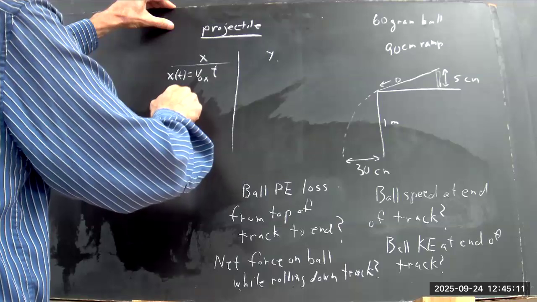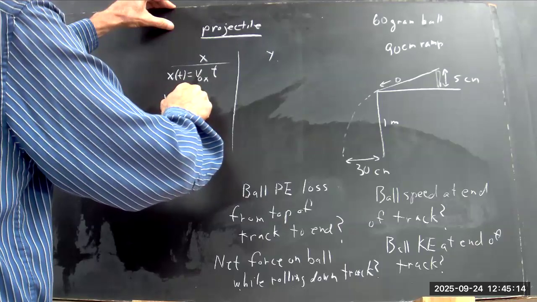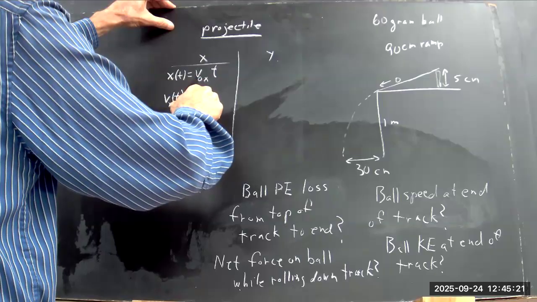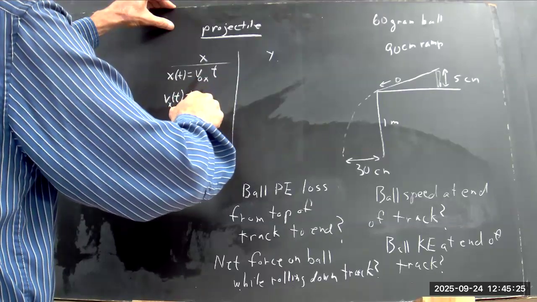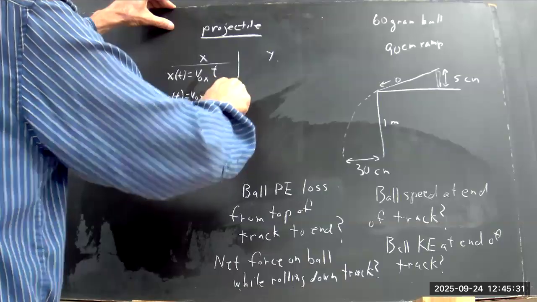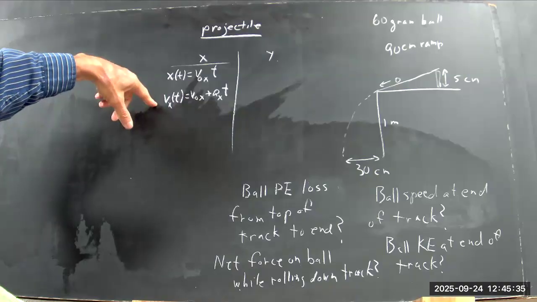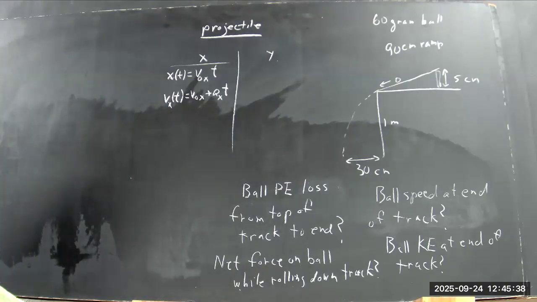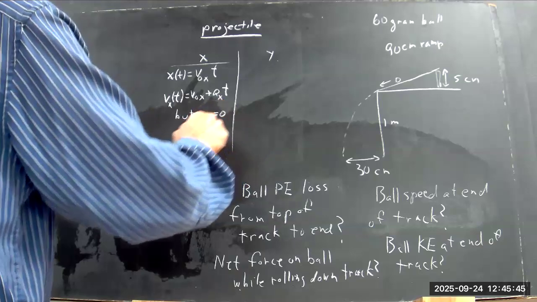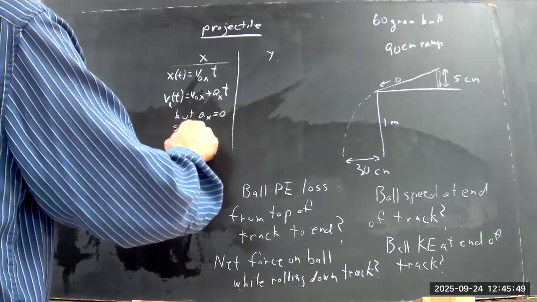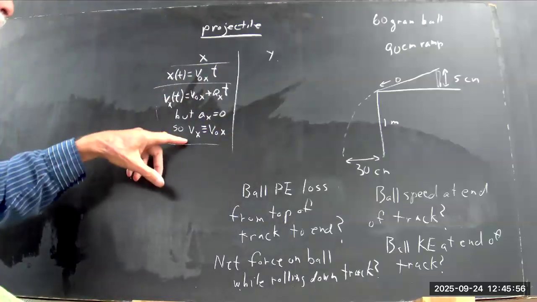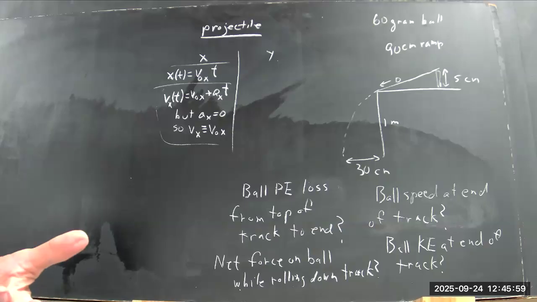Well, we could write down this equation of motion. But px equals p naught x. Okay.